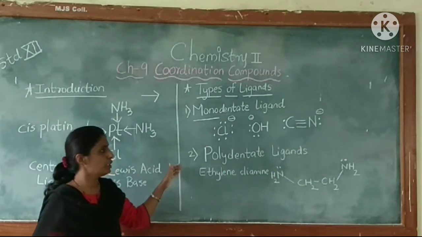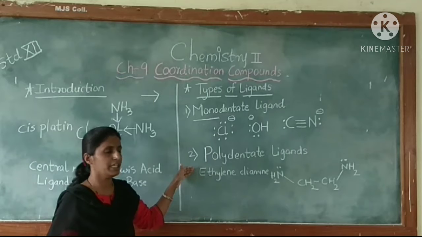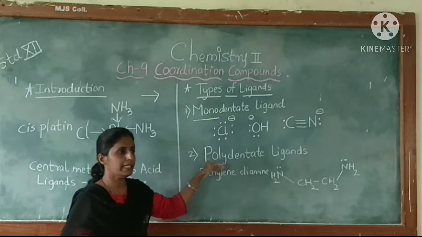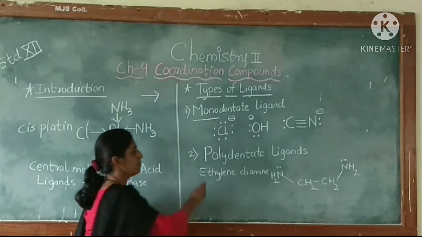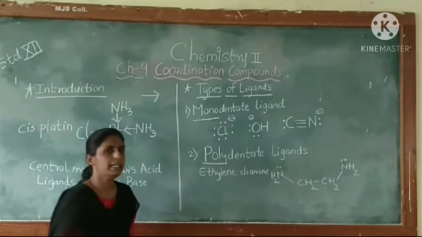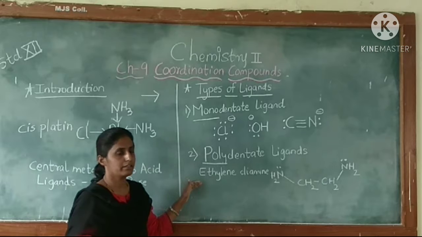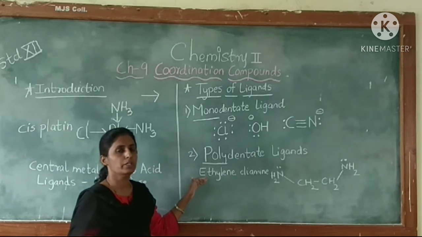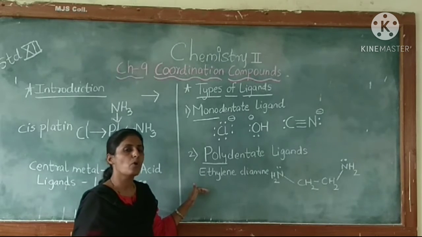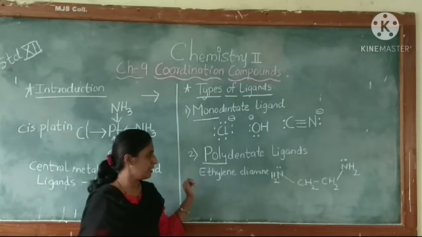Let's move on further to the next type of ligand, that is polydentate ligands. Now poly means many. So polydentate ligands are those ligands in which there are two or more donor atoms which can form coordinate bonds with the metal.